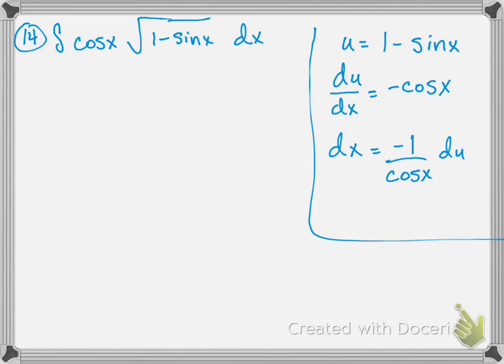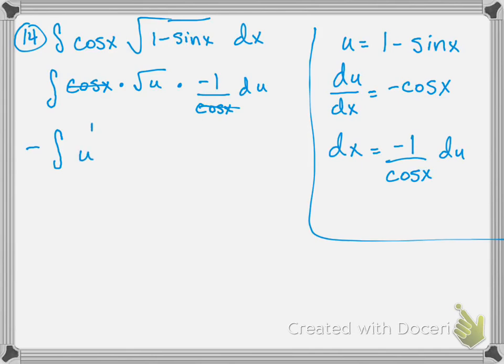Okay? So look, when you plug all that in, you get cosine x times the square root of u, times negative 1 over cosine x du. Now what cancels? Cosine x will cancel. Okay, so I'm going to rewrite this as the negative integral of u to the 1/2 du, because square root of u is just u to the 1/2.